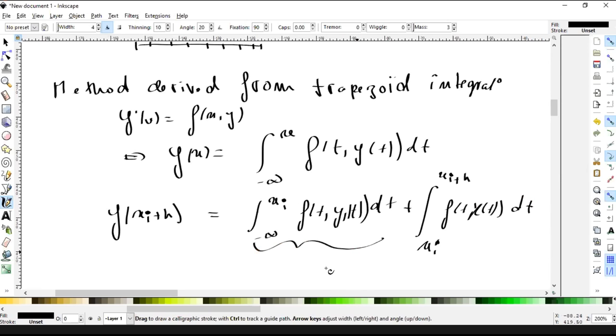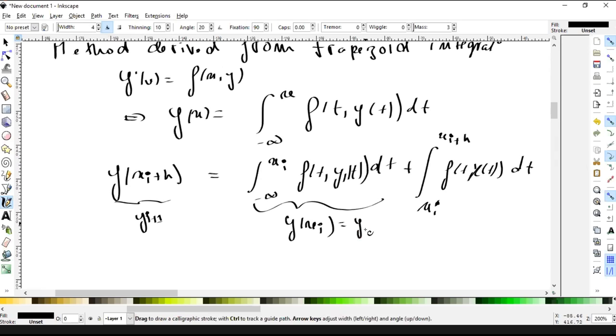So this is y of xi, so it's yi. This is yi plus 1, and this is yi.